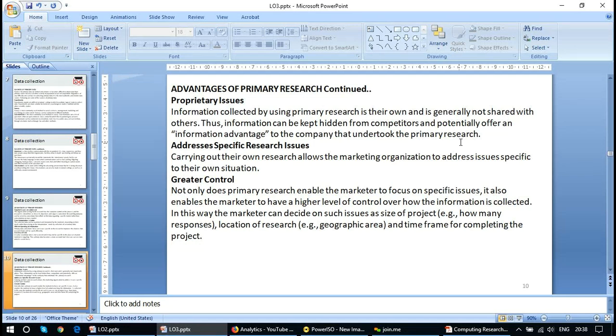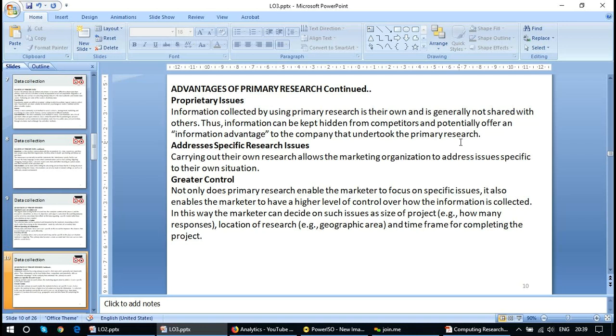Whatever conclusion you have got, you can keep it, you can hide it from competitors. That is an advantage. However, with secondary research, obviously you do not have the proprietary rights.